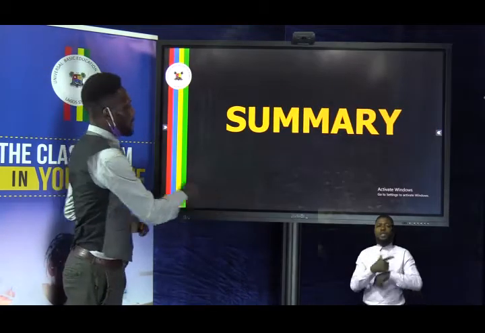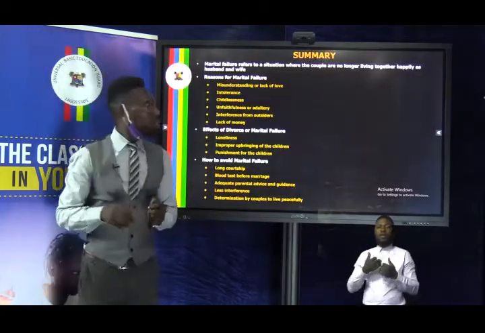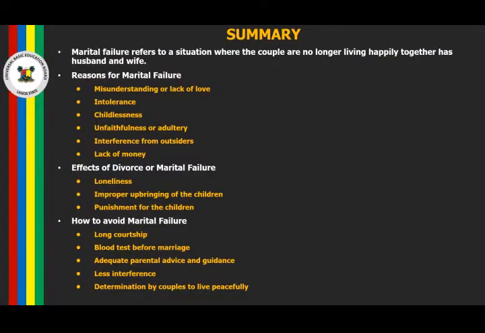In today's lesson, I've successfully talked about marital failure, and you were told that marital failure refers to a situation where the couple are no longer living together happily as husband and wife. Reasons for marital failure, we talked about misunderstanding or lack of love, intolerance, childlessness, unfaithfulness or adultery, interference from outsiders, and lack of money.